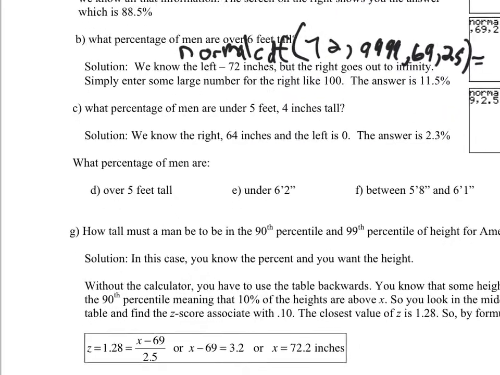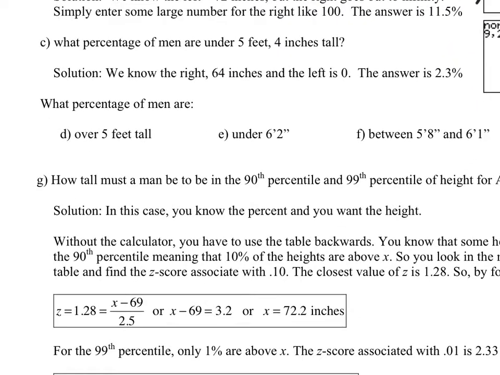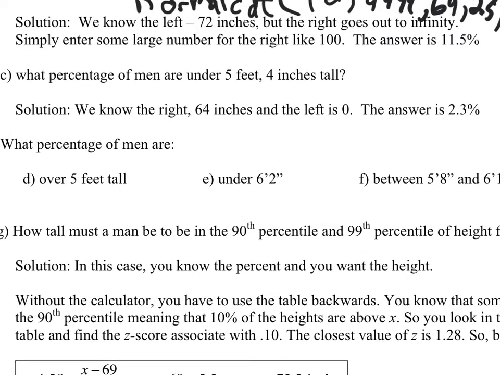All right. C, what percentage of men are under 5 feet 4 inches tall? Under 5 feet 4, that would be less than 64? Yeah. Less than, so that would be normal CDF. What's the lowest limit?